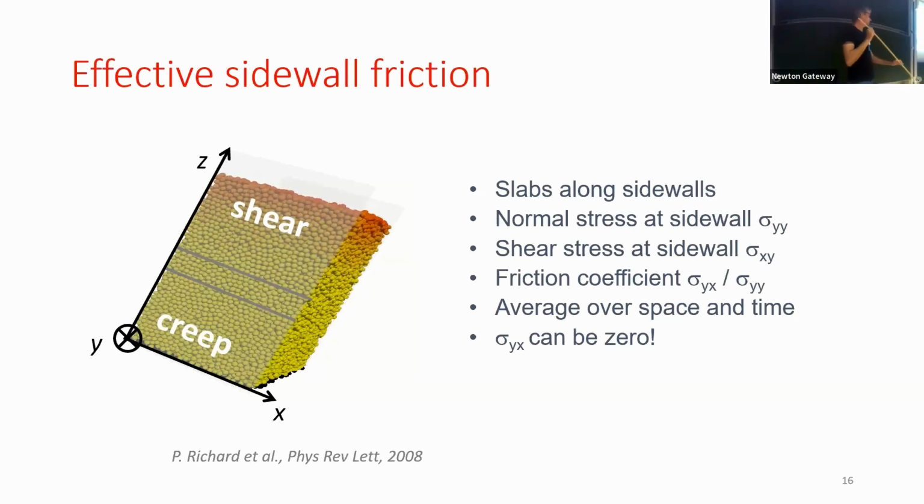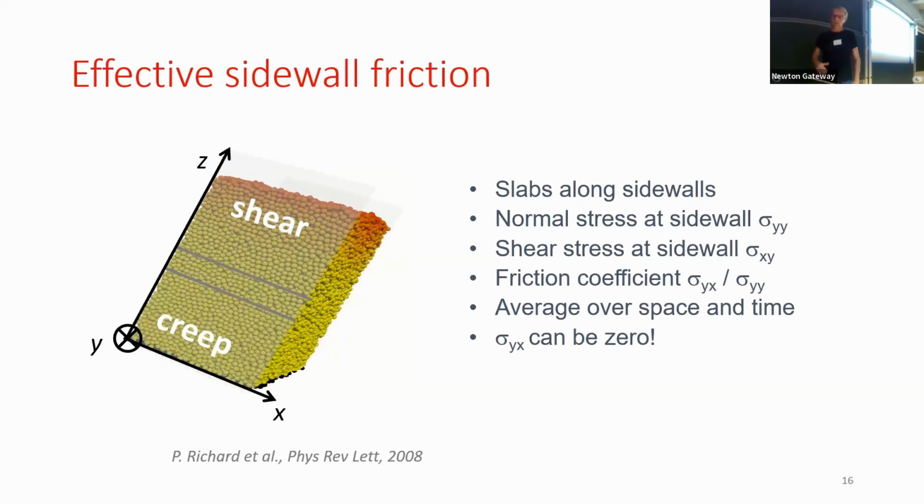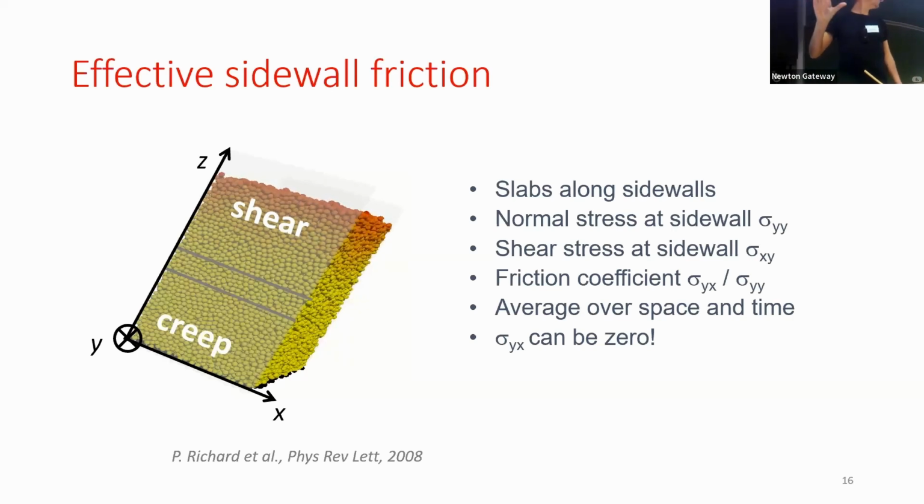So we measure the stress sigma YY like that, and sigma XY, which corresponds to the shear stress. And we average in time and also for all the contacts in this slab.